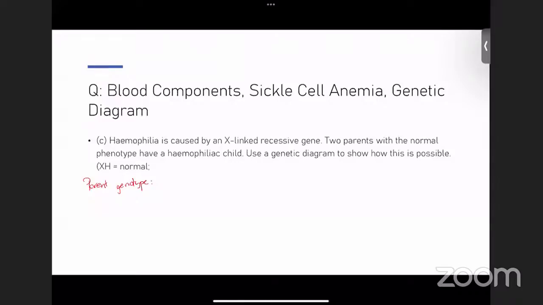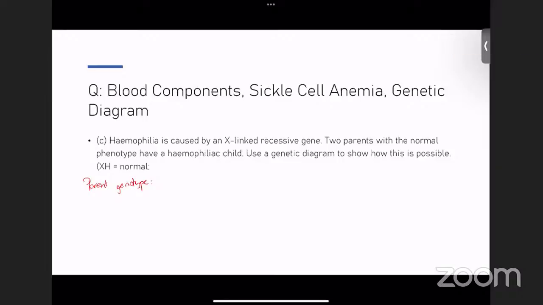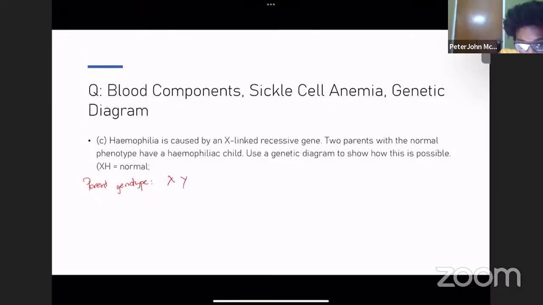Yes, sir. So what's the sex of a male? XY. So it's X-linked recessive. So to have a normal male, what's his genotype?